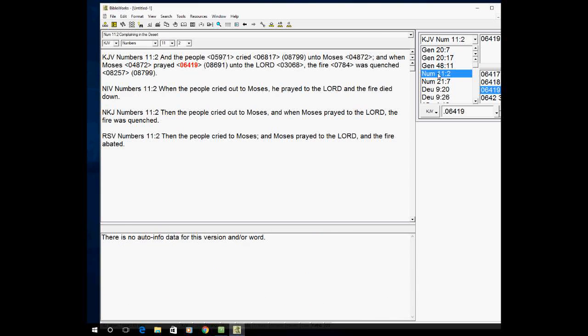Now we get into Numbers, and we see that Moses prayed to the Eternal. Finally we're getting to where a human isn't just praying to another person, they're praying to the Eternal, to the Lord.